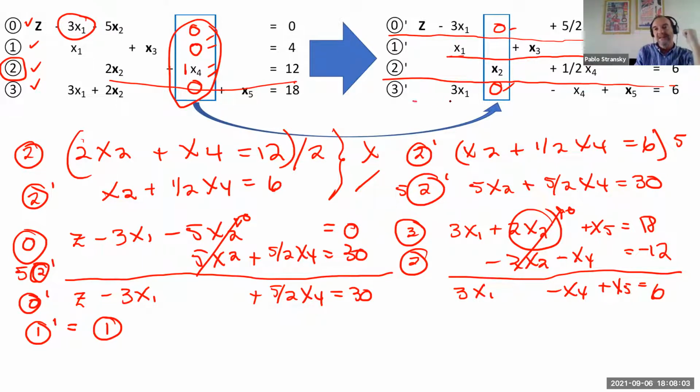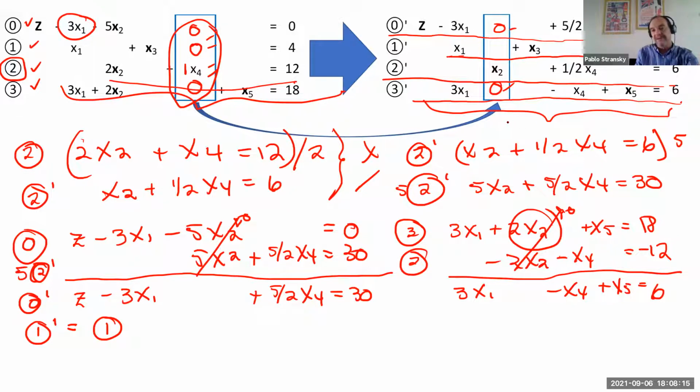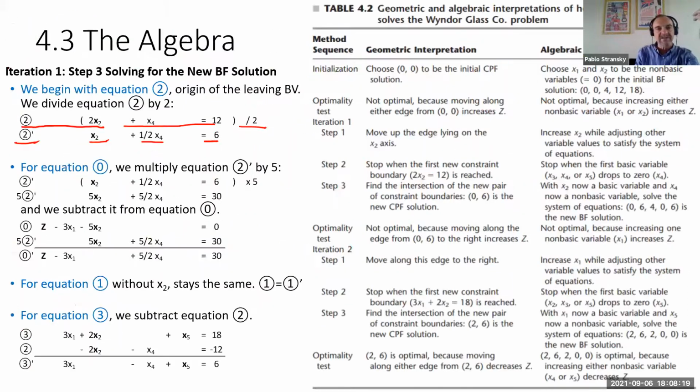And this is exactly the equation that I got here. So this BF solution, because of this Gauss elimination, became my new iteration 1 BF solution. And that's what I explained at this point. Just what I explained in the display below, it's exactly the same as what we got here.